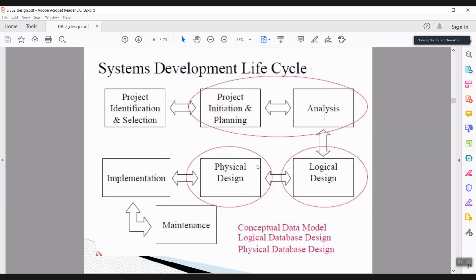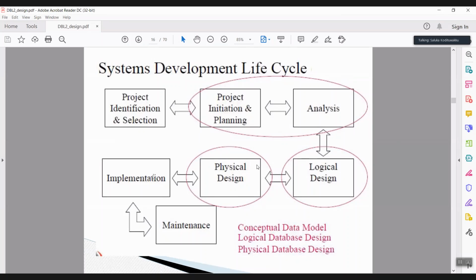For the database part, during this analysis we mainly concentrate on how the project has been planned and what operations they have planned, that is, the requirements of the project, and based on that plus the data requirements, the analysis is completed. Then we come up with the conceptual design, followed by the logical design, the physical design, and then finally we implement the database.